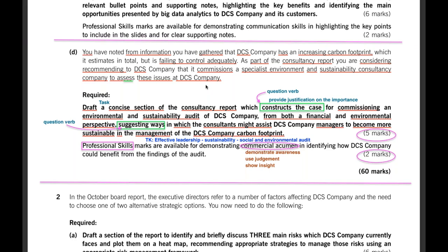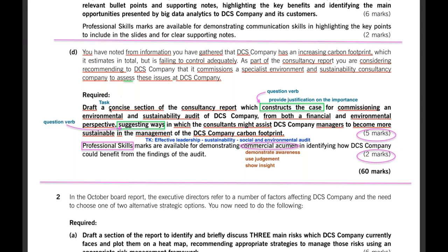So you are telling them, hey, please hire this particular specialist environment sustainability consultancy to assess your increasing carbon footprint issue in your organization. Basically, this is what you are trying to put inside this report.